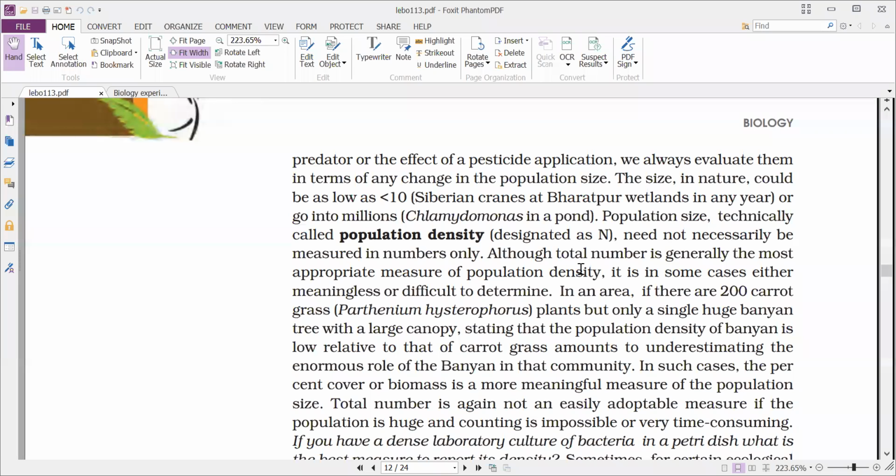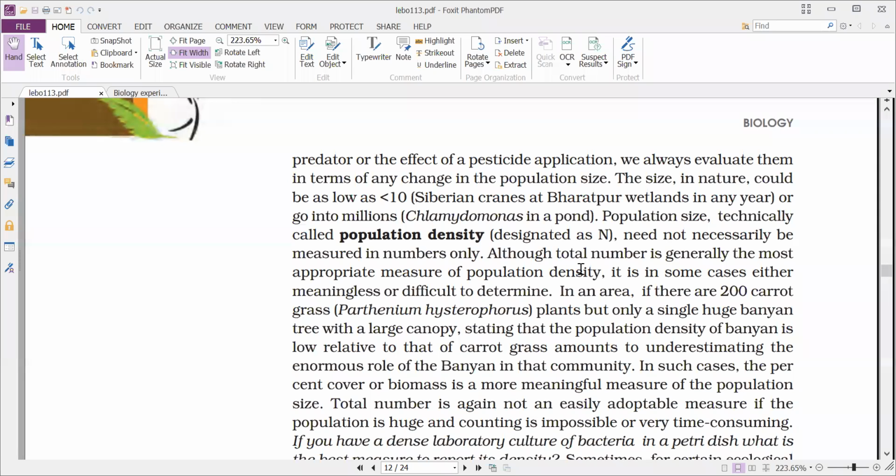There are 200 carrot grass plants in an area, but only a single huge banyan tree with a large canopy. Stating that the population density of banyan is low relative to that of carrot grass amounts to underestimating the enormous role of banyan in that community.